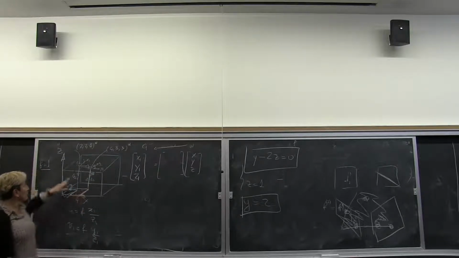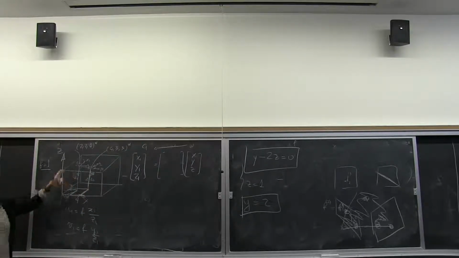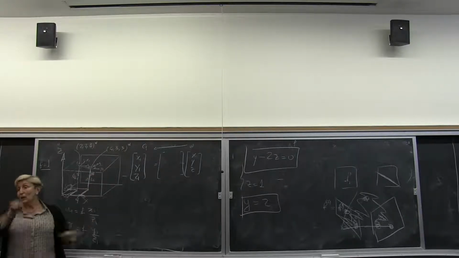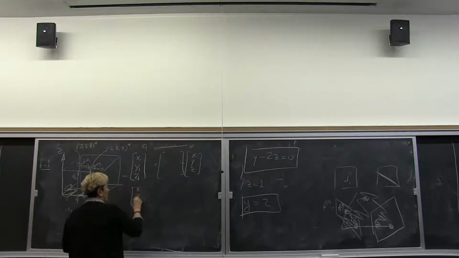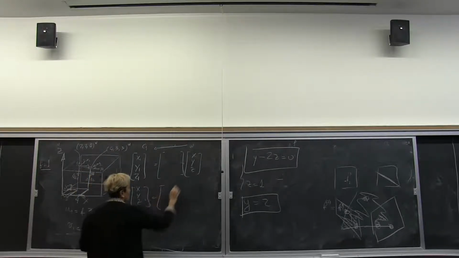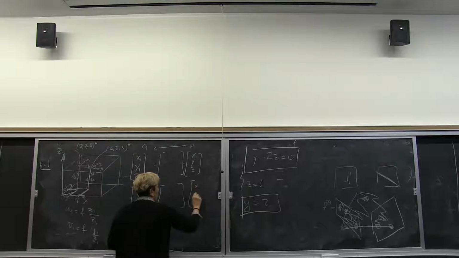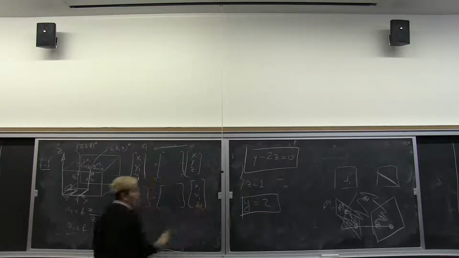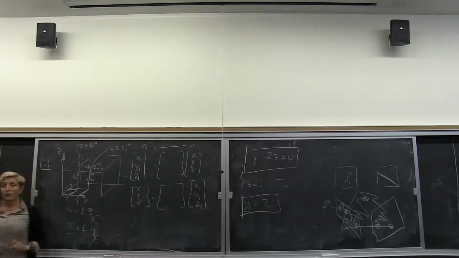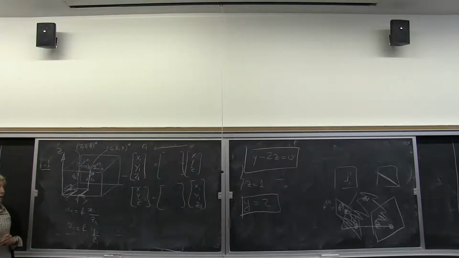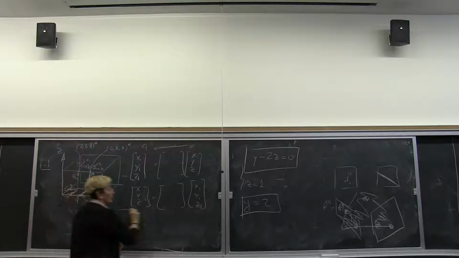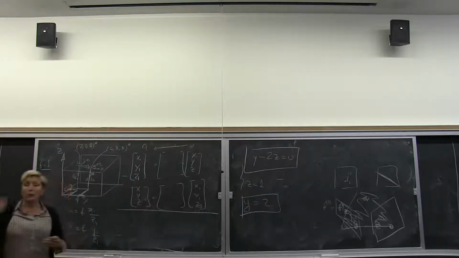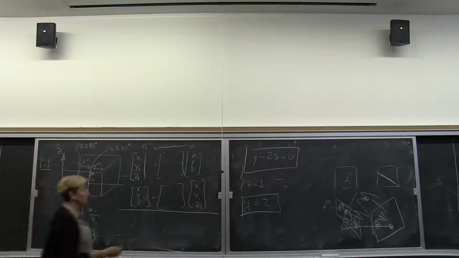Can you write it down by inspection? Right, so it's just x minus blah blah. And if I have that, I also know how to do the other way. From here I can write down x, y, z is equal to a matrix times x1, y1, z1. So I know how to go from camera 1 to the world. And I also know how to go from the world to camera 2.